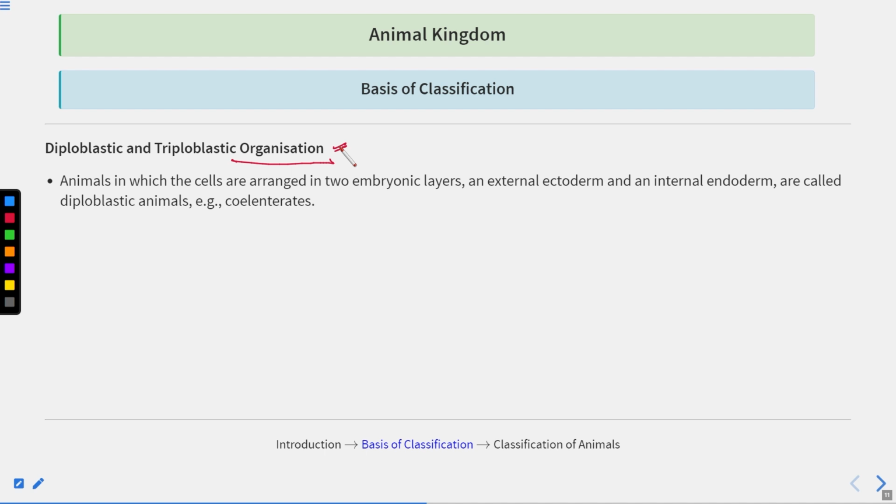The organs that have to be formed from a particular type of embryonic layer are fixed. So an animal in which the cells are arranged in only two embryonic layers, the external ectoderm and internal endoderm, is called a diploblastic animal.